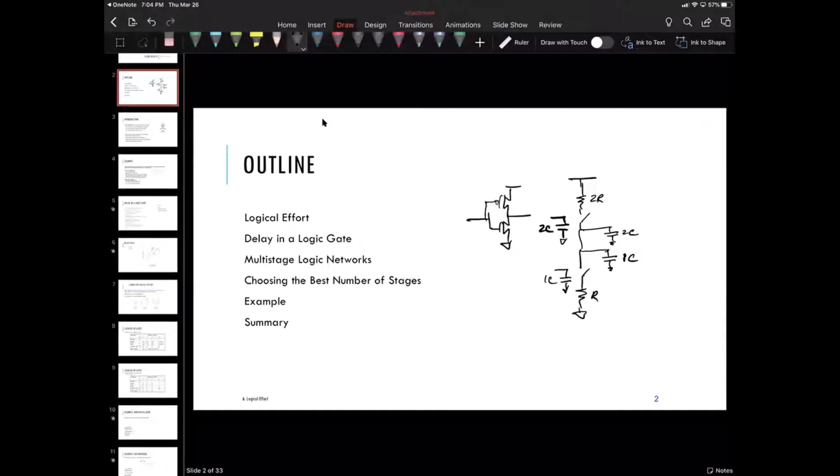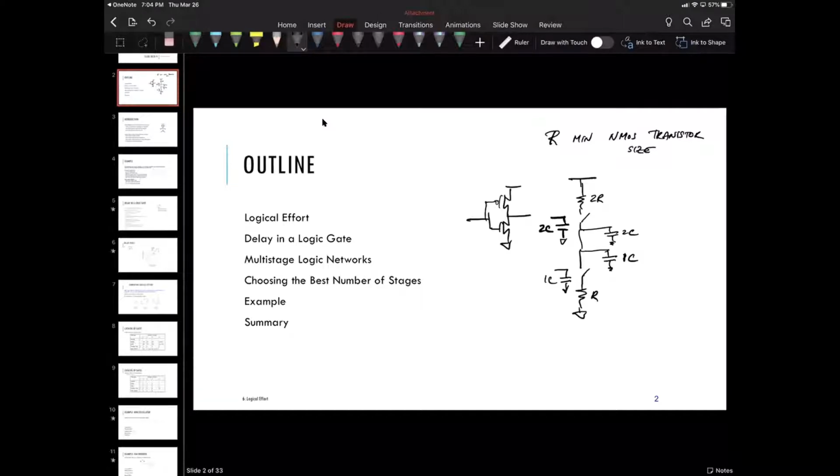And so remember a few things here. Each process has something called an R for the minimum NMOS transistor size. So this was the resistance.